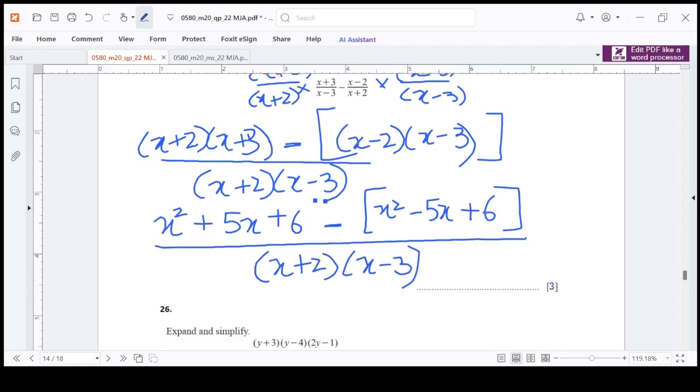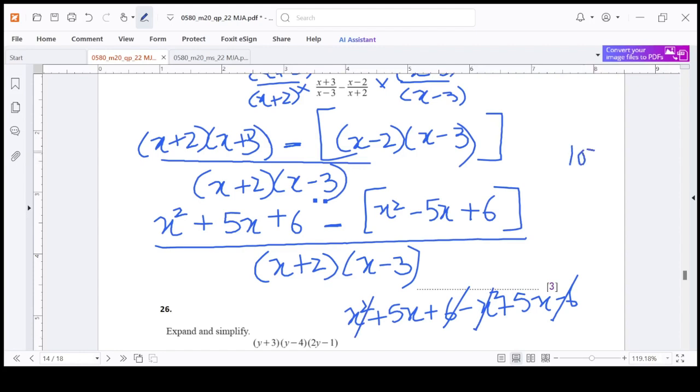Okay, now we expand the numerator. We have x squared plus 5x plus 6 minus x squared plus 5x minus 6. So everything cancels except for the two 5x. So 5x plus 5x will be 10x.